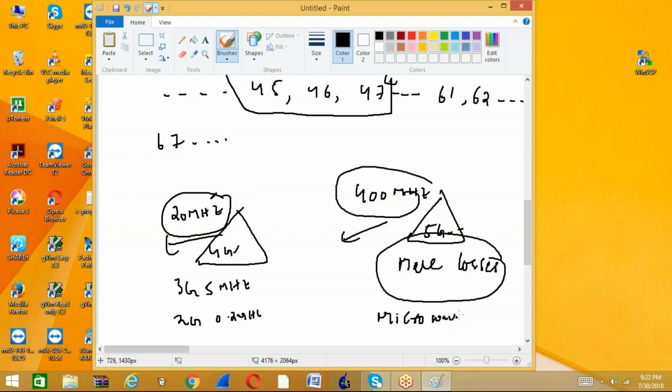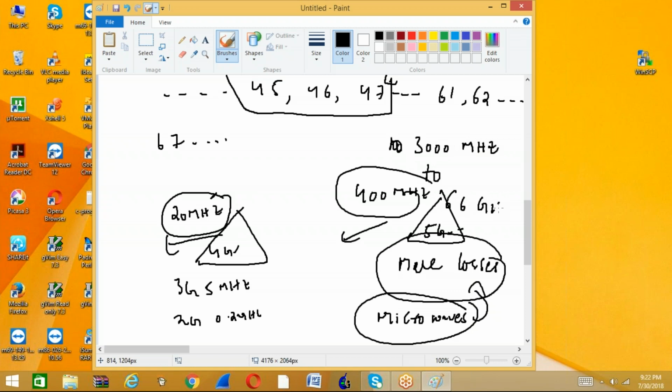I have extended my range from 3000 megahertz to 66 gigahertz, which is what 5G uses, to get more bandwidth.